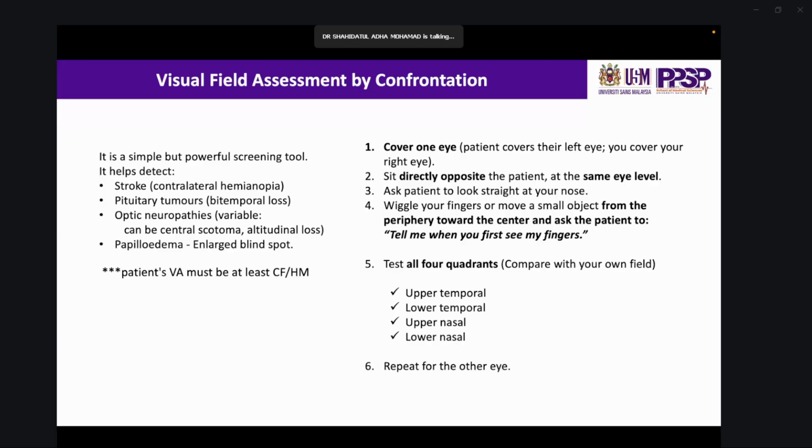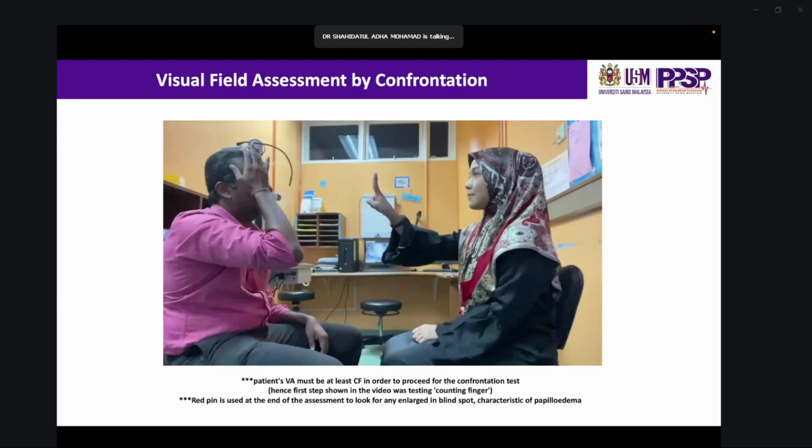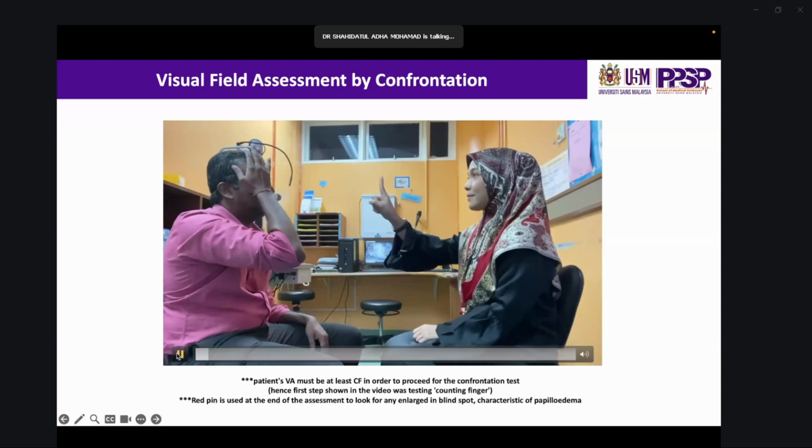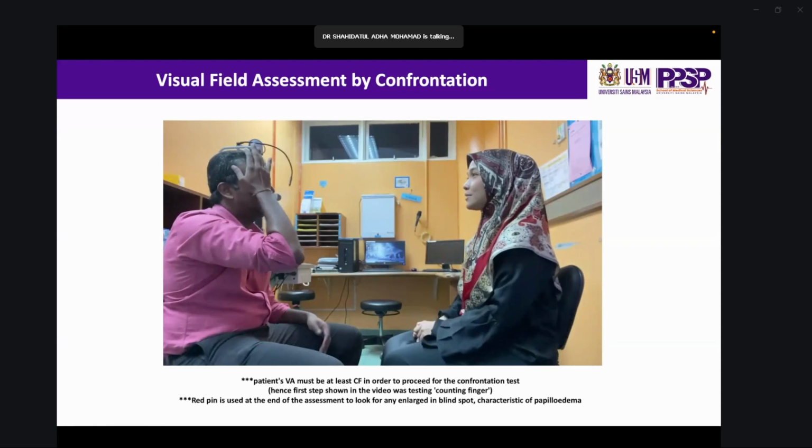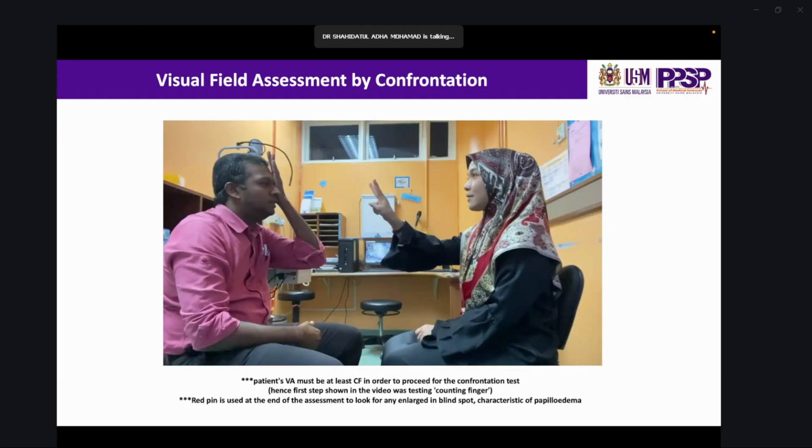And what you need to do is just wiggle your finger or move some object from the periphery toward the center and ask the patient to say when they first see your fingers. And repeat on the other eye. Okay, so like I said earlier, our Ophthal assessment is a little bit more detailed. The first one just now, I was assessing the vision.